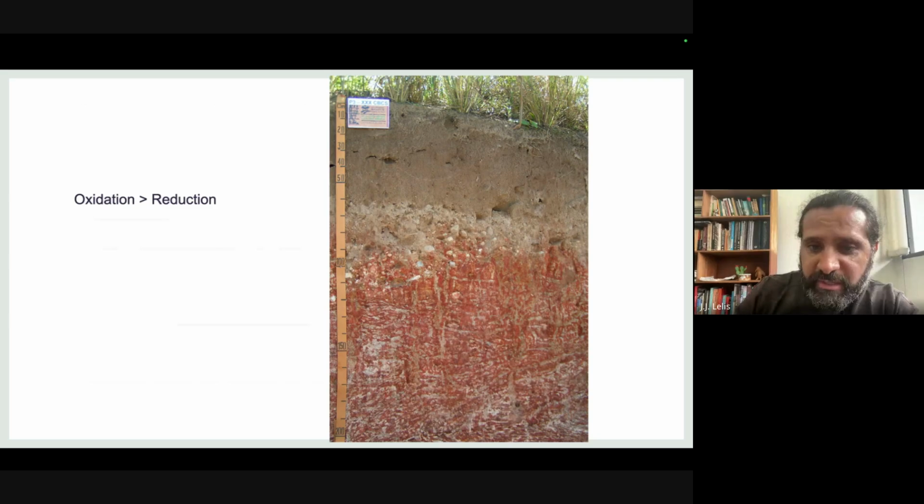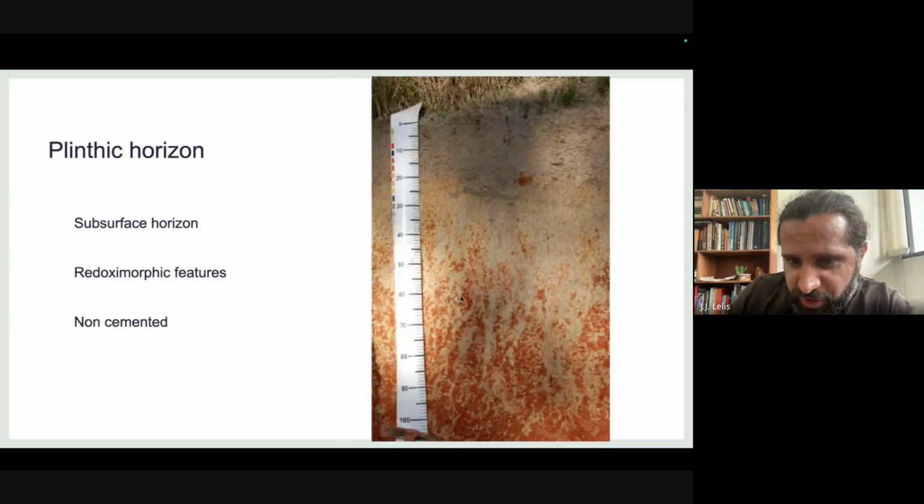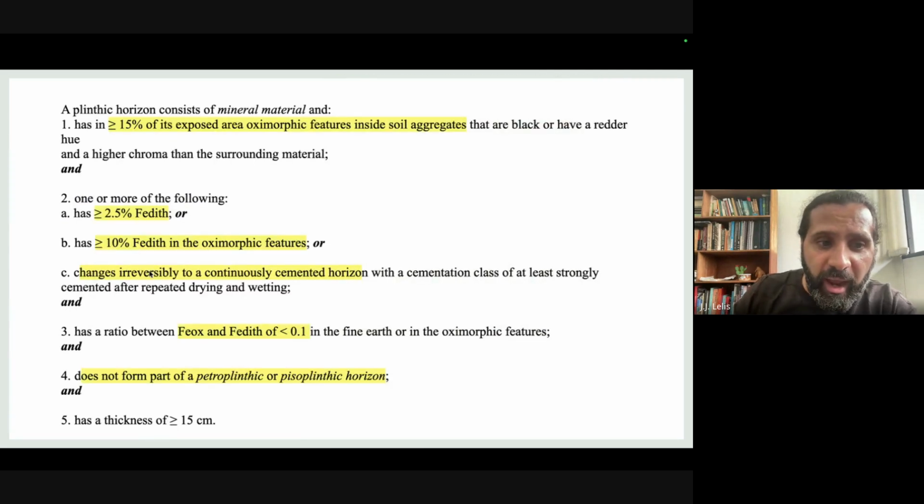So these oxymorphic features that express iron concentration could register a high content of iron too, and I can analyze them.